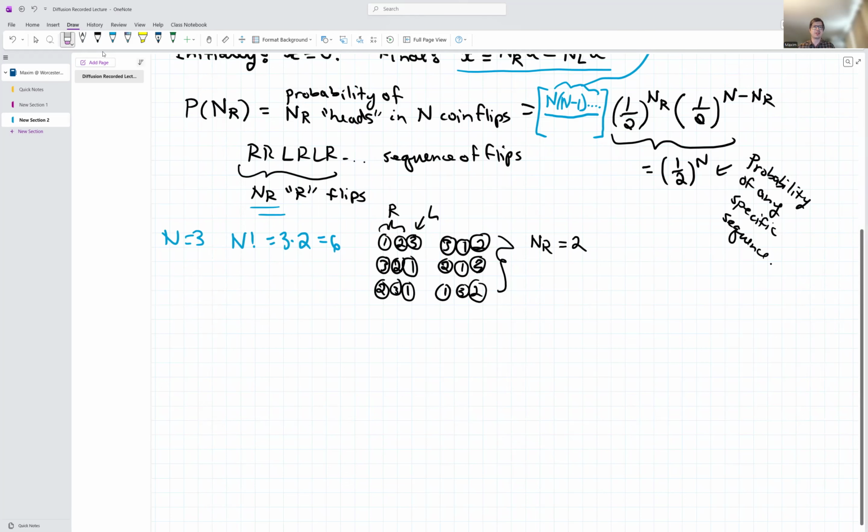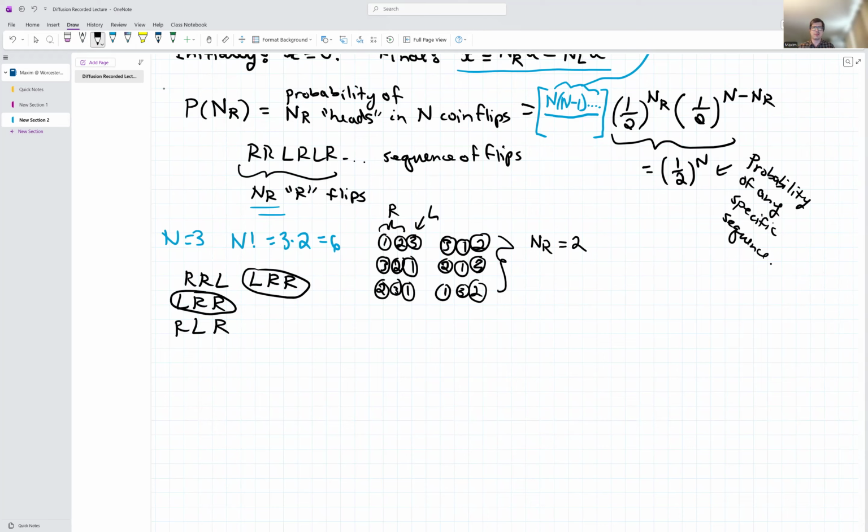Okay, I'm going to assign these two are right and this one's left. So let's do it again. We have right, right, left, left, right, right. We have right, left, right, left, right, right. So these two are the same.